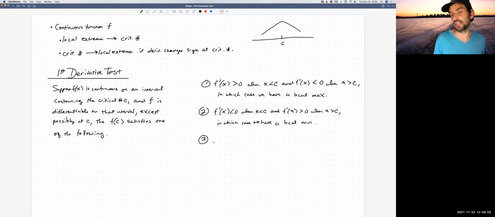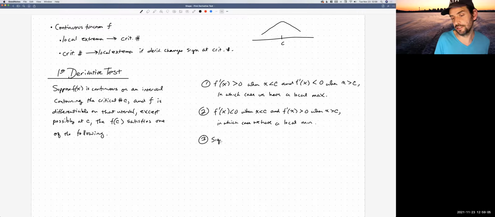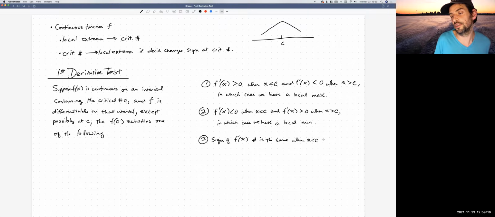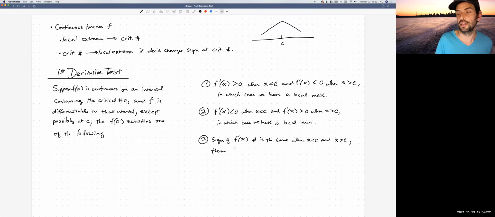And then finally, we have the case where the sign of f prime of x is the same when x is below c and when x is above c. Then there is no max or min.